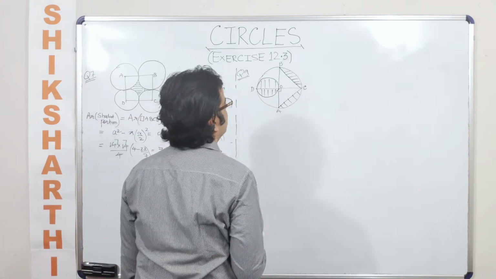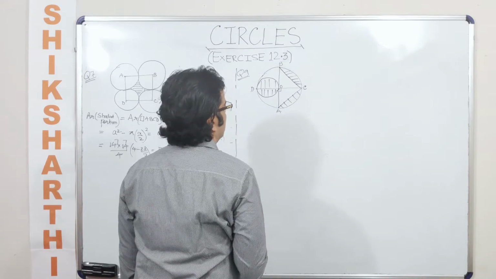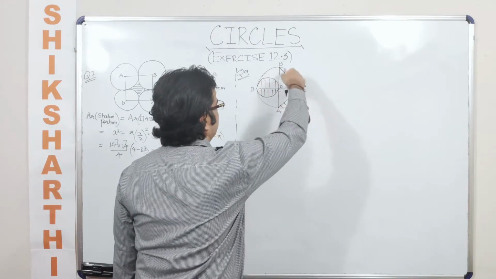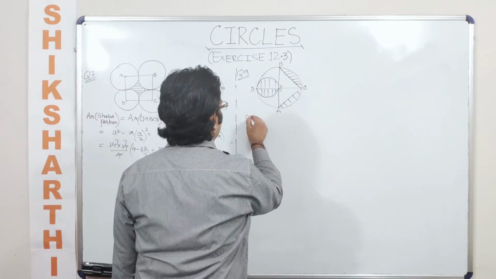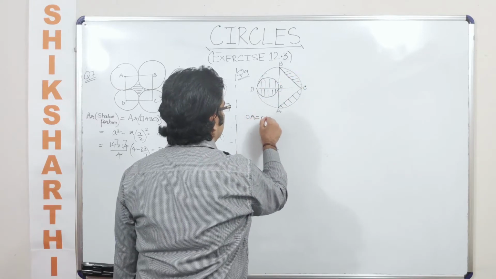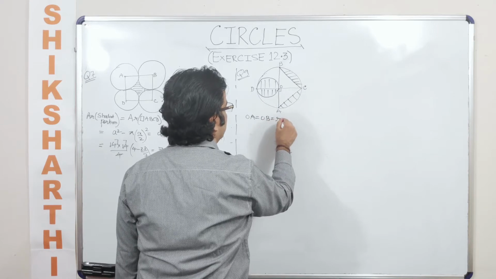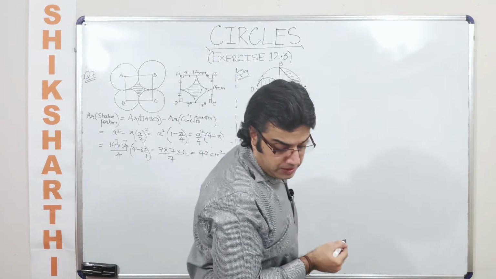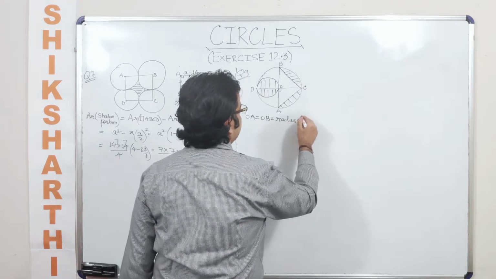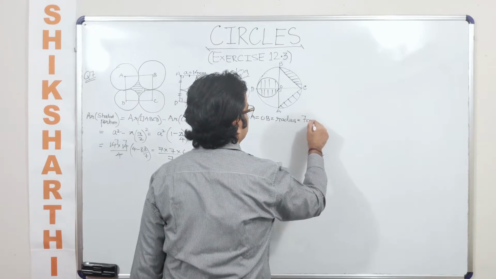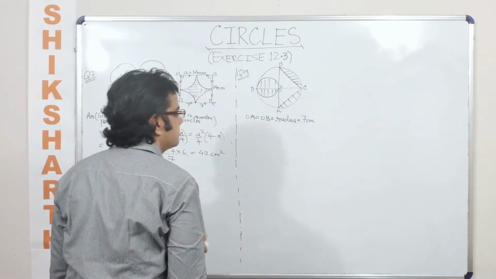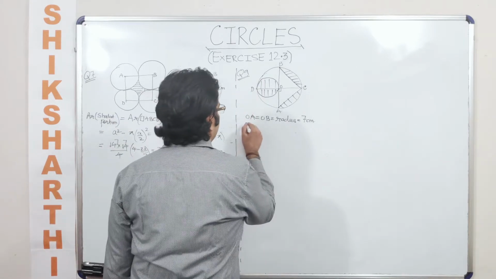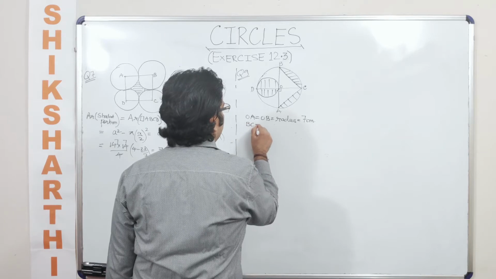There are many ways of attempting this question. The first way is to find out the area of the total circle, which has a radius of OA or OB. This is the radius of the bigger circle. Is this value given to you? They have given you OA as 7 centimeters. Now, can I say that BC will be equal to AC?